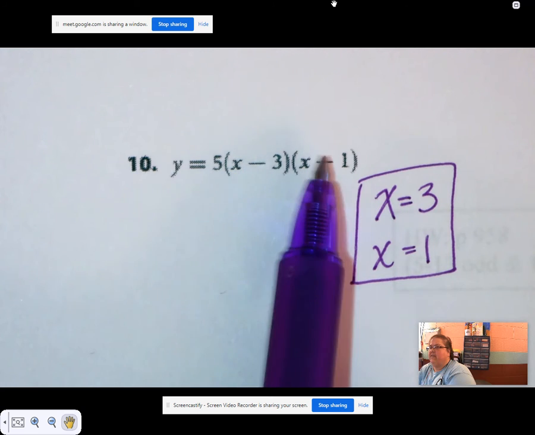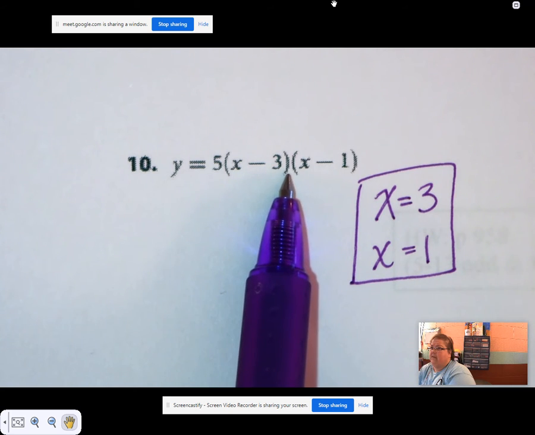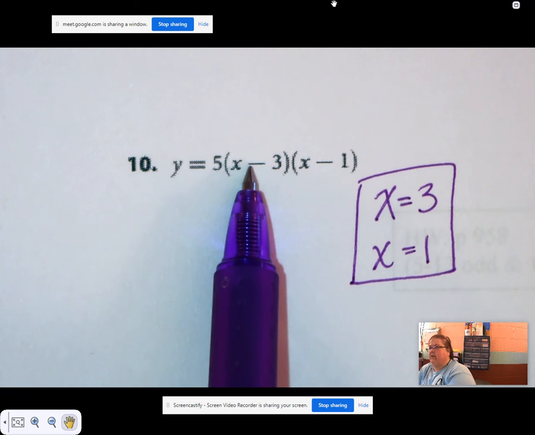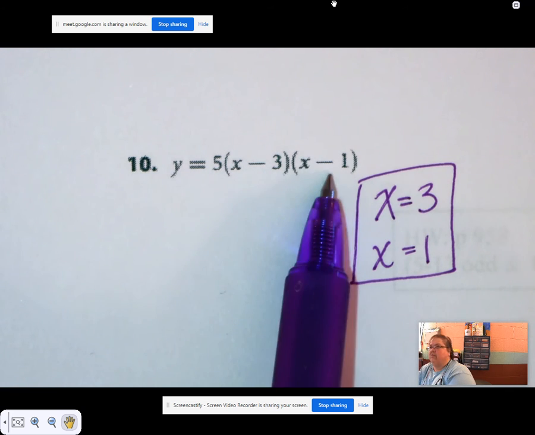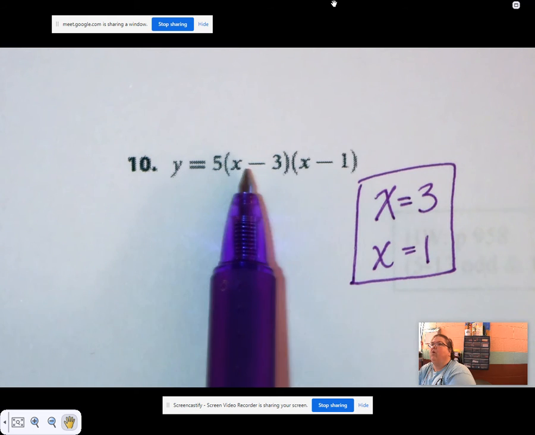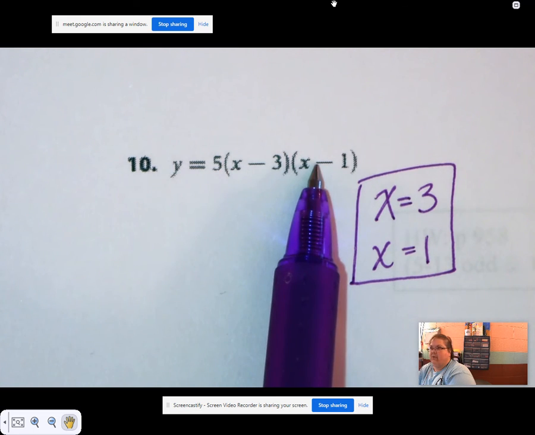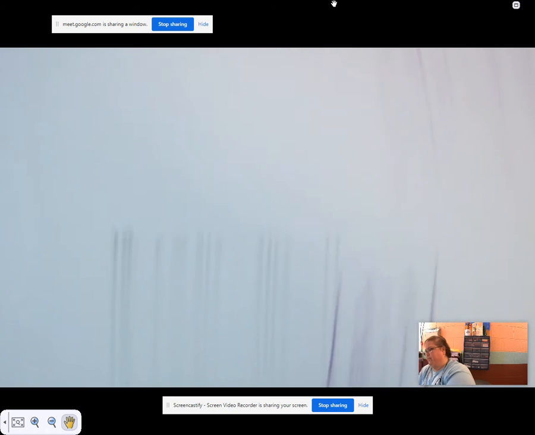Either one of these, if they equal 0, since it's all multiplication, the whole y would equal 0, correct? Because if 3 minus 3 is 0, what's 5 times 0? 0. What's 0 times x minus 1? 0. So that is why we have to find what will make a 0 for each set of parentheses. Okay? Questions? I'll turn the page.